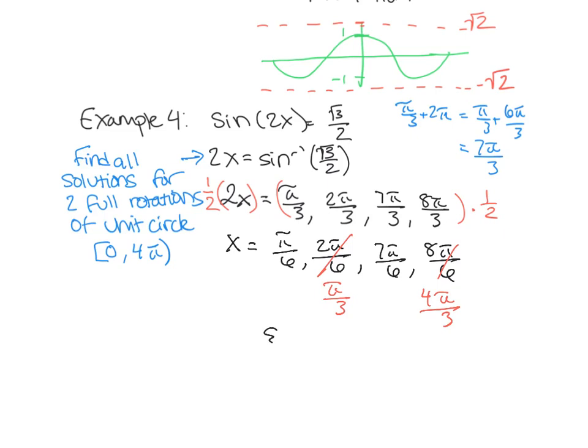Please put your answer in a solution set. Oops. Please give me the reduced version, that was my bad, in the solution set, so that will be 4 pi over 3.